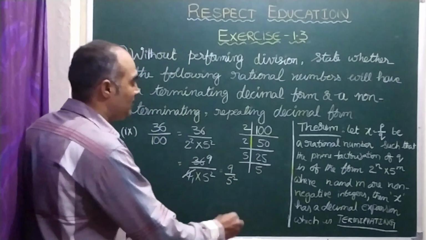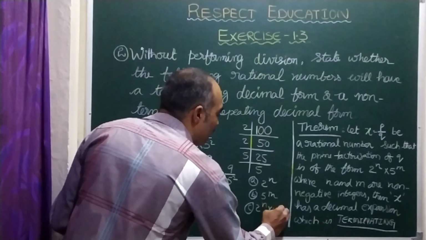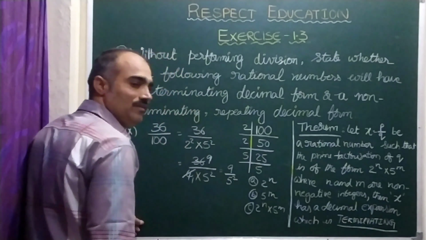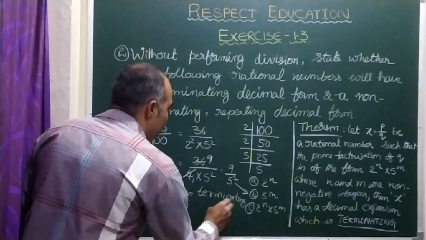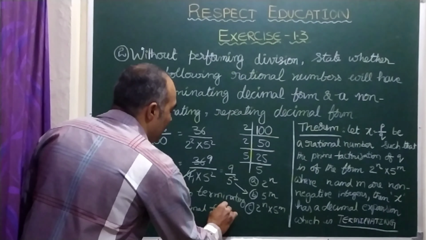As we have discussed in 3 cases, it may be in the form of 2 power n, or in the form of 5 power m, or in the form of both, 2 power n into 5 power m. So this coincides with the second case. So by that way also you can say it is terminating decimal form.